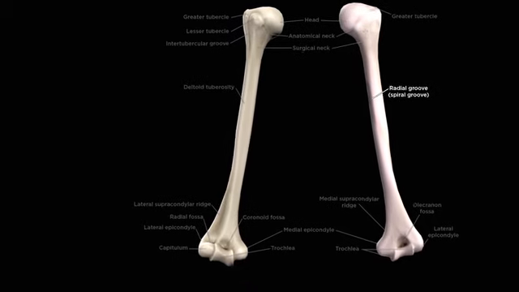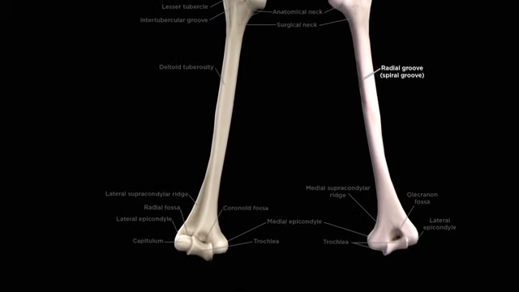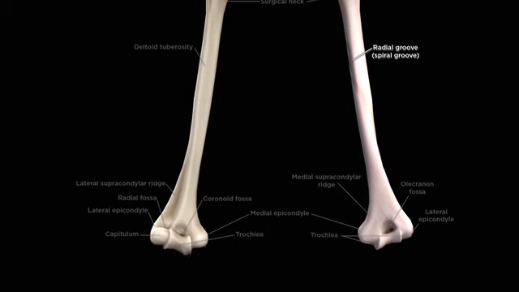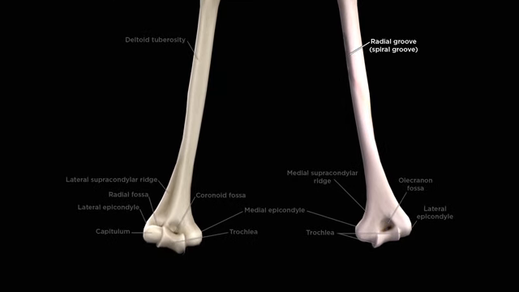That's the location where the radial nerve and its accompanying profunda brachii artery, also known as the deep brachial artery, run along the humerus together. Because the groove spirals around the posterior humerus, some sources call it the spiral groove, but the placement of the radial nerve, remember that's one of the terminal branches of the brachial plexus, gives it the alternate name radial groove.